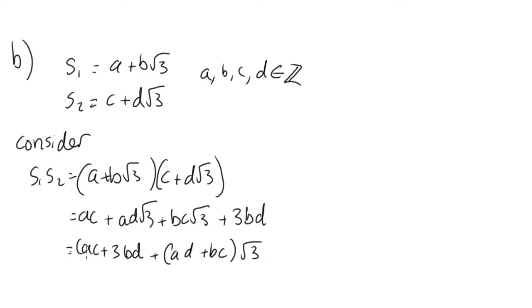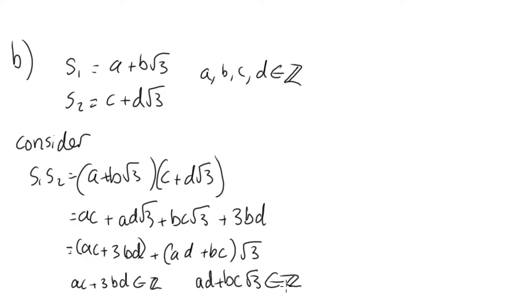We know that the integers are closed under multiplication and addition, so AC plus 3BD belongs to the integers, and AD plus BC, the coefficient of root 3, also belongs to the integers.